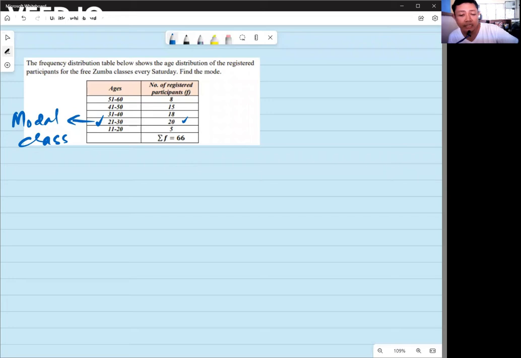Since the modal class is 21 to 30, therefore, what will we do? How do we find kasi the lower class boundary? Yung pinakamababang range or interval range subtracted by 0.5, right?